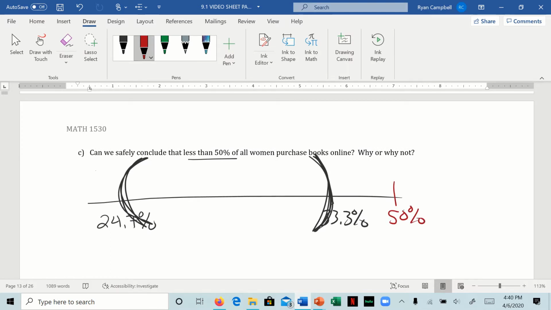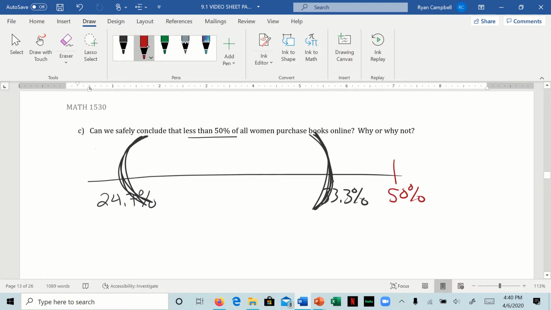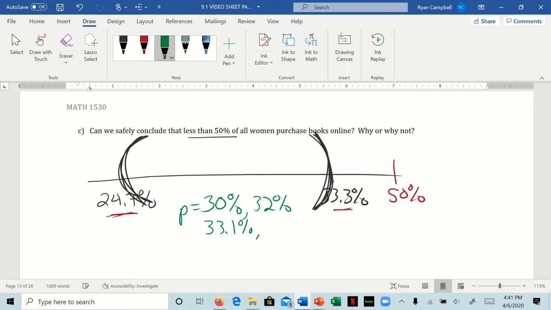So can we safely conclude that less than 50% of women purchase books online? Well, remember that the percentage of women who purchase books online has to be between these two numbers, the low and the high. So what could it be? What's the number between 24.7 and 33.3? Well, it could be 30%, right? 30% of women could purchase books online. 32% of women could purchase books online, 33.1%, 25%, all these different types of answers.